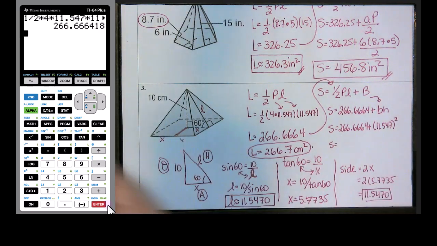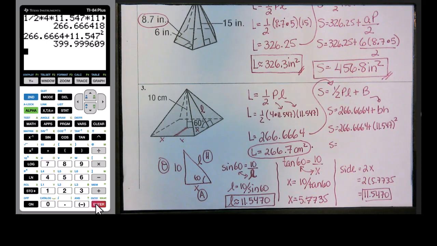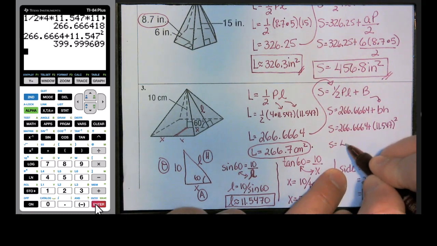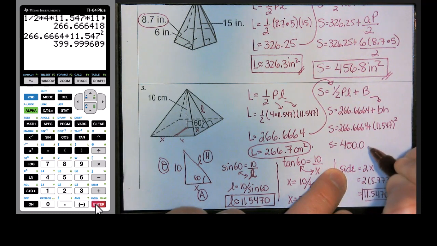Then I'll punch it in the calculator: 266.6664 plus 11.547 squared. Press enter, and we get 399.9999, which rounds to 400.0 centimeters square. Very good.